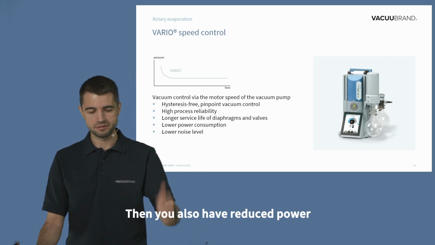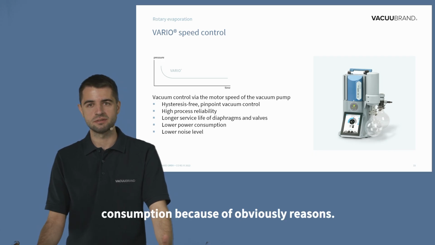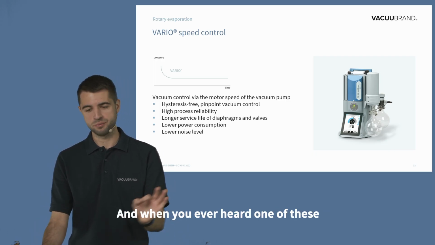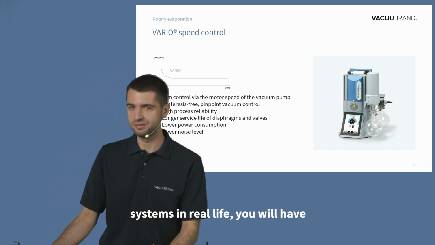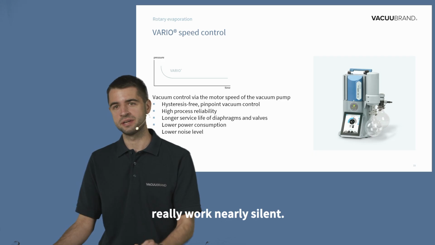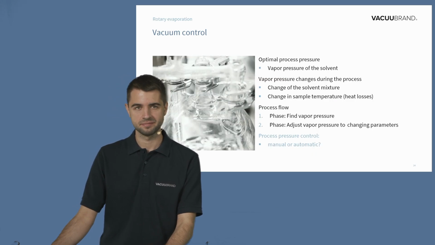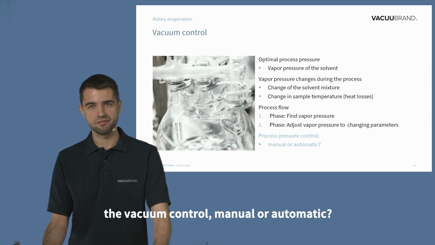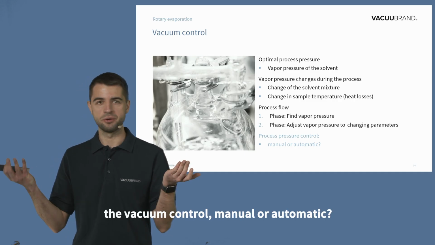Then you also have the reduced power consumption because of obviously reasons. And when you ever heard one of these systems in real life, you will have noticed that they work nearly silent.